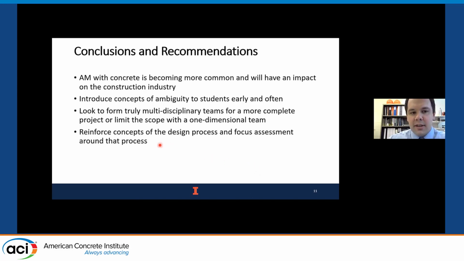Focus on the concepts of design. That's going to be the big one. In the project I had where we were looking at rheology, some of the students' concrete tests weren't very effective, and that was the conclusion they came up with. And I had told them ahead of time, your assessment's going to be based on the process, not the end product.